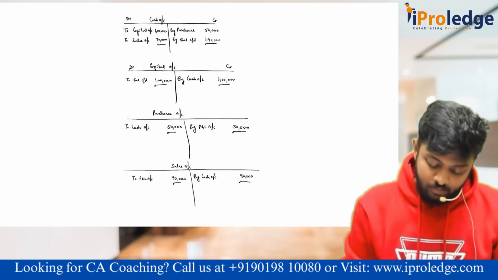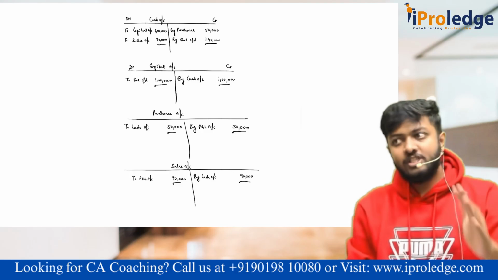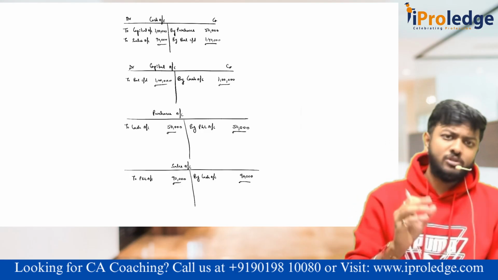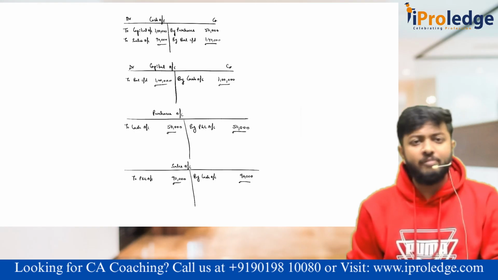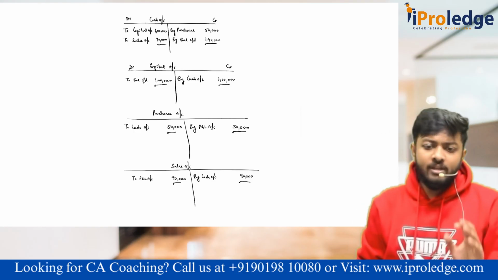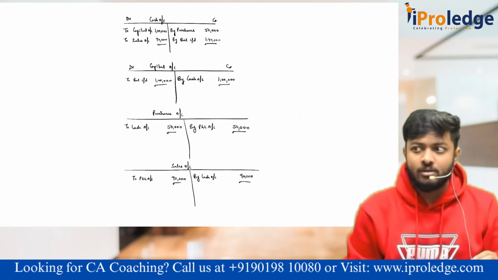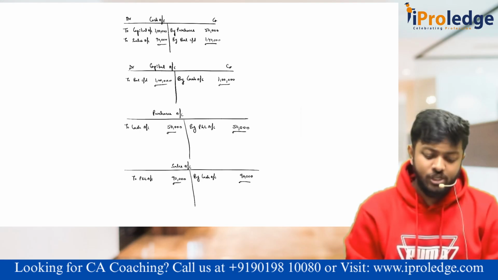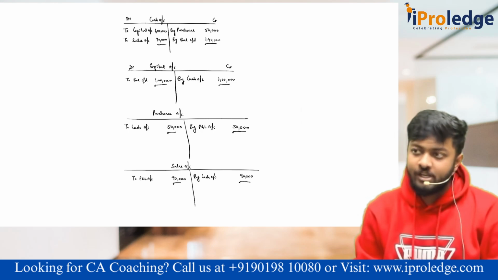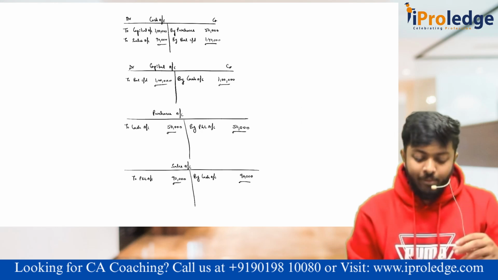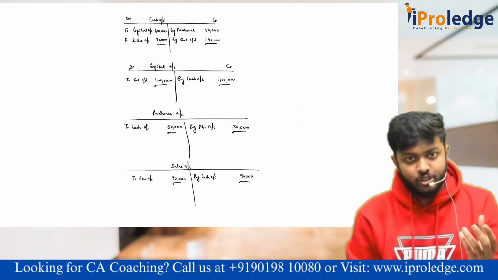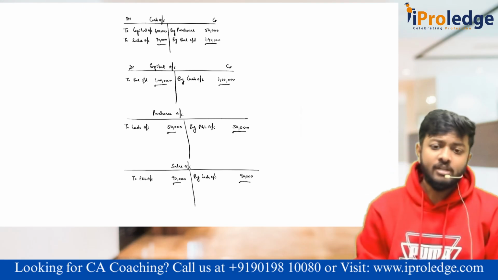Now, once this is done, what is the next process that we do? Whatever accounts we have prepared till now, all these accounts we have prepared by using the logic of the double entry system. Yes or no? 100%. So what we are supposed to do is, the balance of all the ledger accounts should be taken to the trial balance.